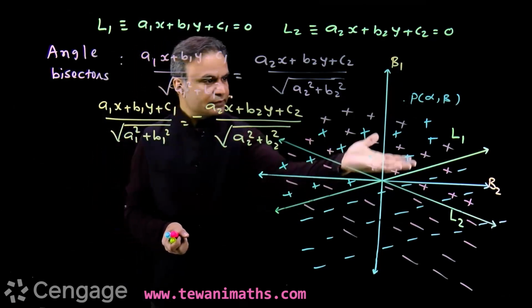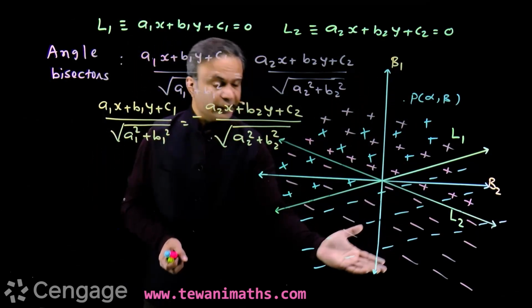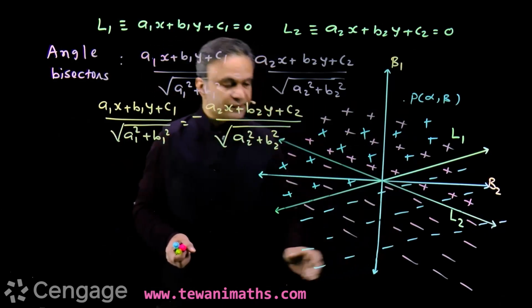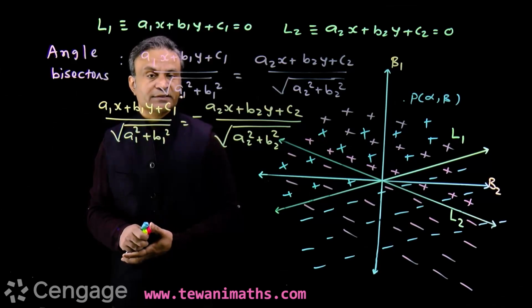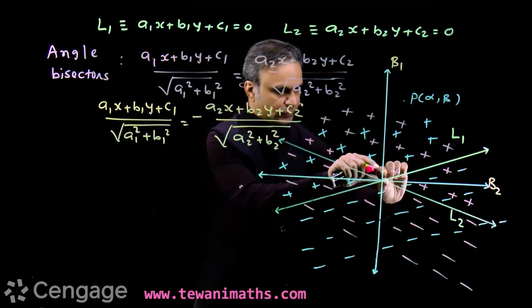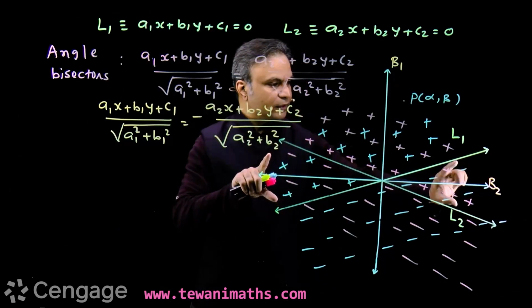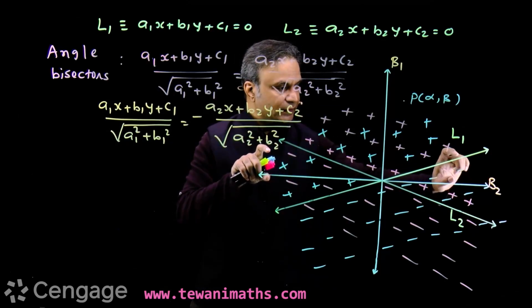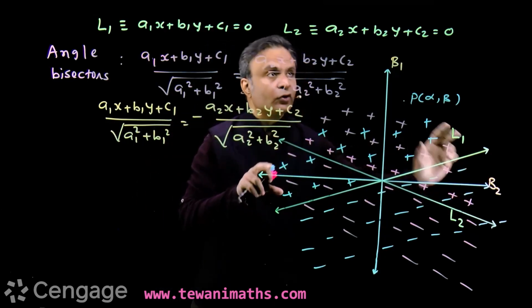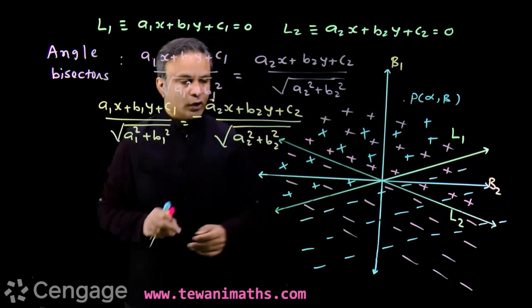Now we can see that this region and this region have the same sign. Here both the signs are positive, here both the signs are negative. Two opposite regions have the same sign, and in these two regions the signs of the expressions are opposite.